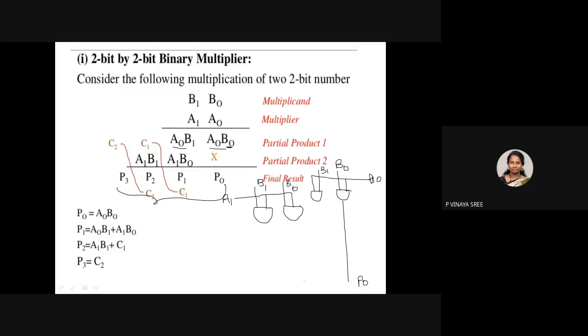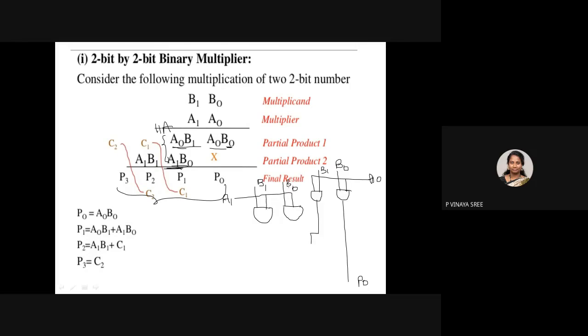Now for these two, I said already you have to select a half adder. So where is this AND gate? A0, B1. This is your AND gate. And the other AND gate is A1, B0.